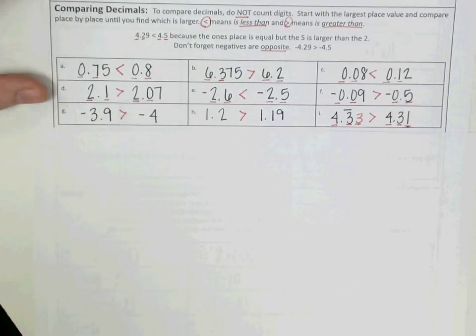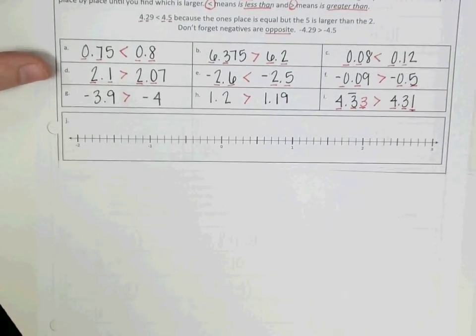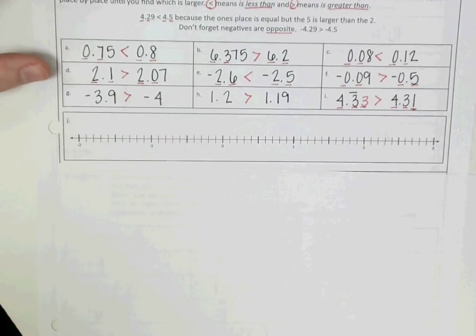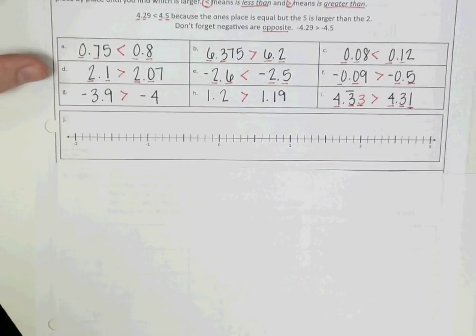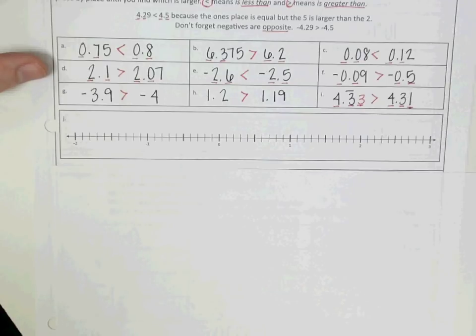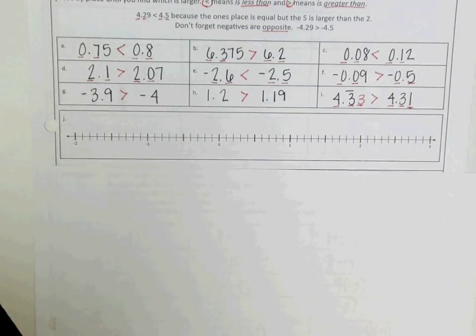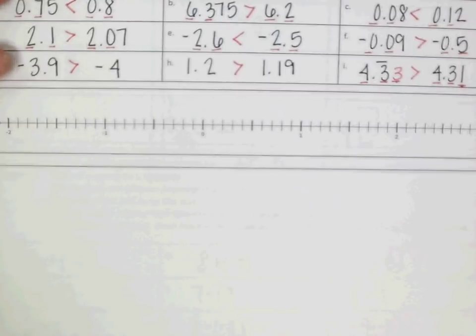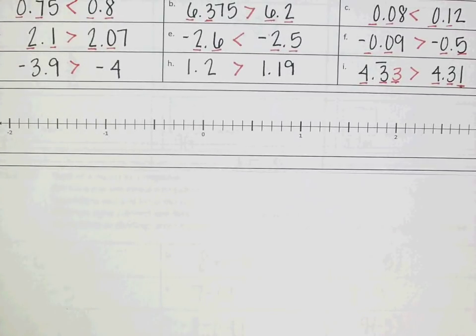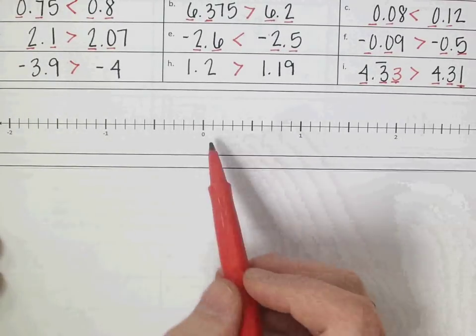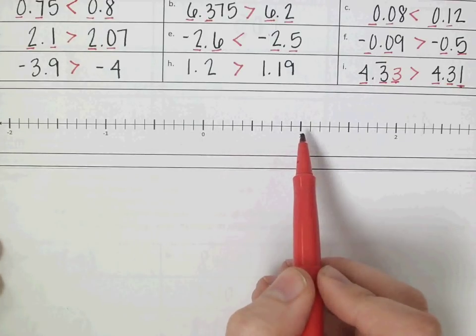Okay, once you have this, we're going to jump down to our number line here. So let's talk about this number line a little bit. I know we've talked about number lines in science classes, but let's take a look at them again here. I'll zoom in a little bit so you guys can see a little better. So we know we have 0 here, and we have 1 all the way here.